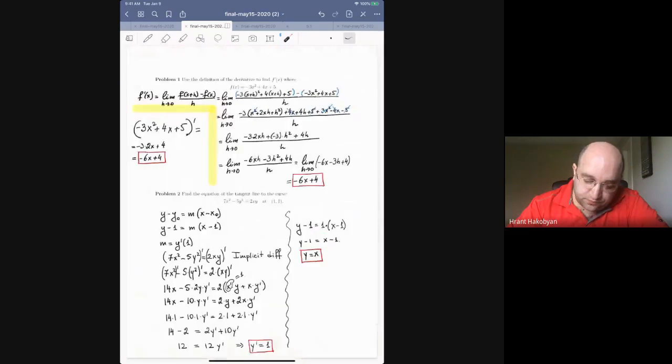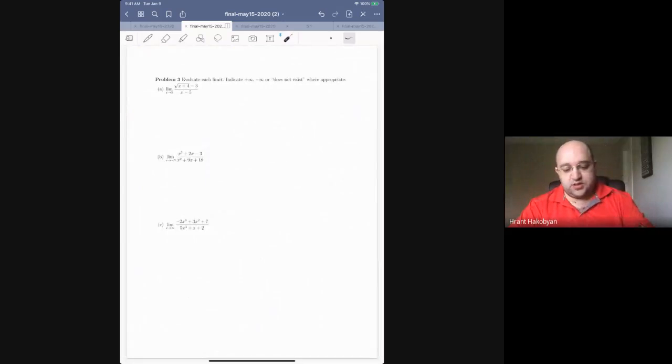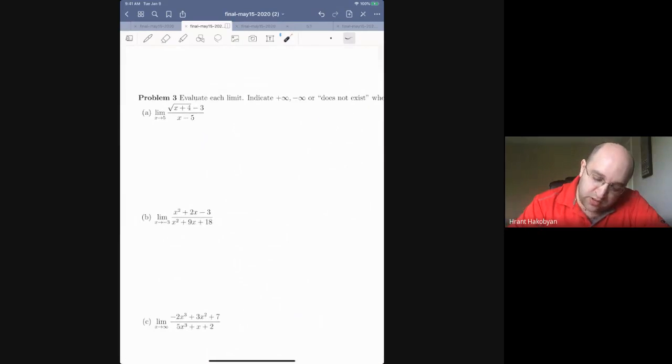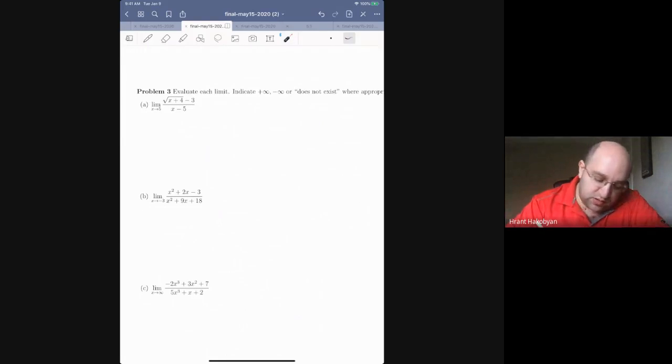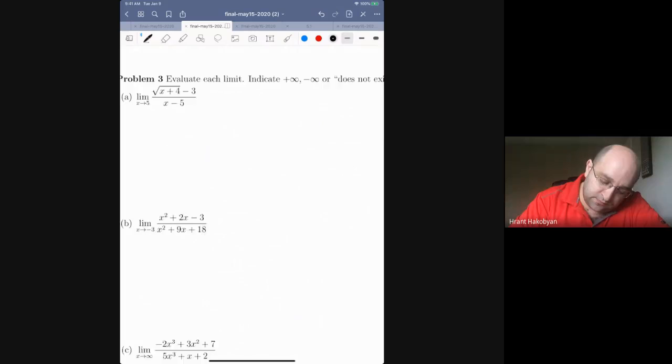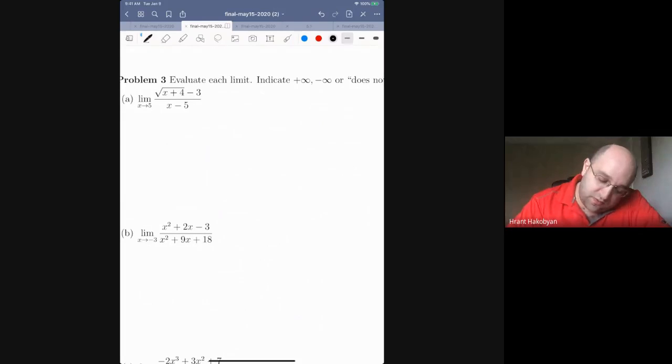Okay, so the next question is to evaluate limits. There are 3 problems here, and I'm going to choose 2 of them to have on the exam. The first one is to evaluate these limits. Let's see what happens if I plug 5 instead of x here.